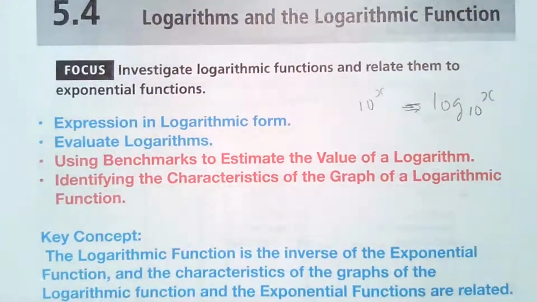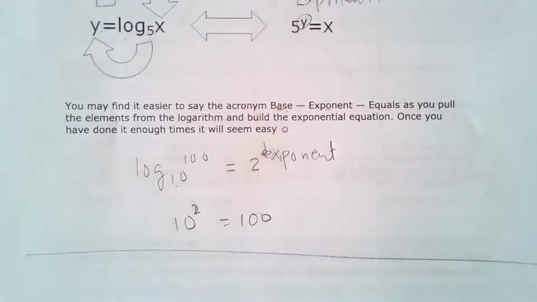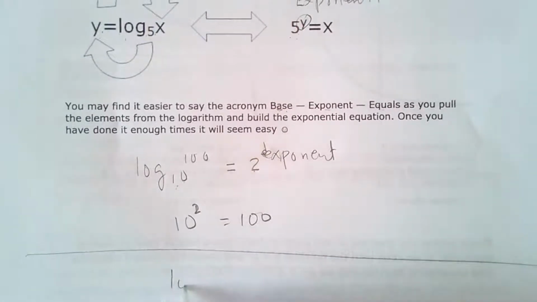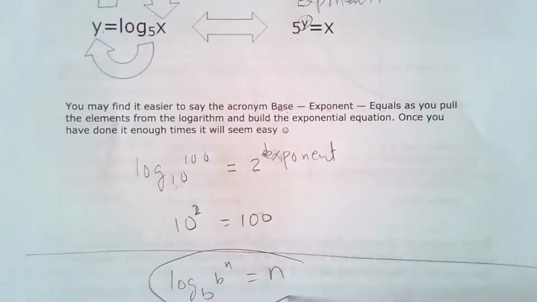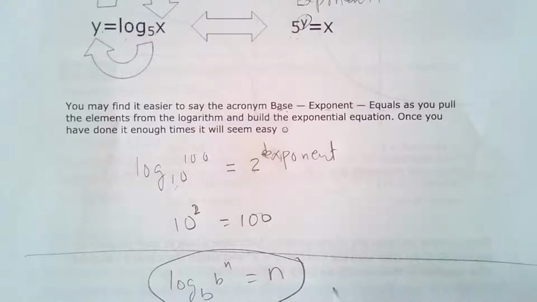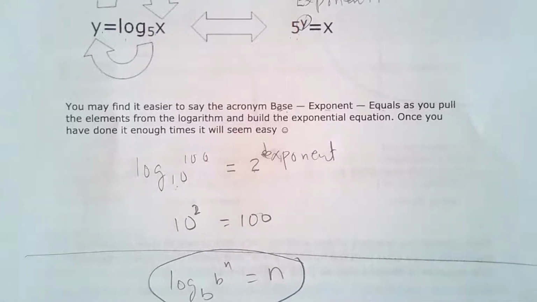We learned that log base b of b to the n is equal to n. We use this principle a lot. For example, log base 3 of 3 to the power of 6 is 6.